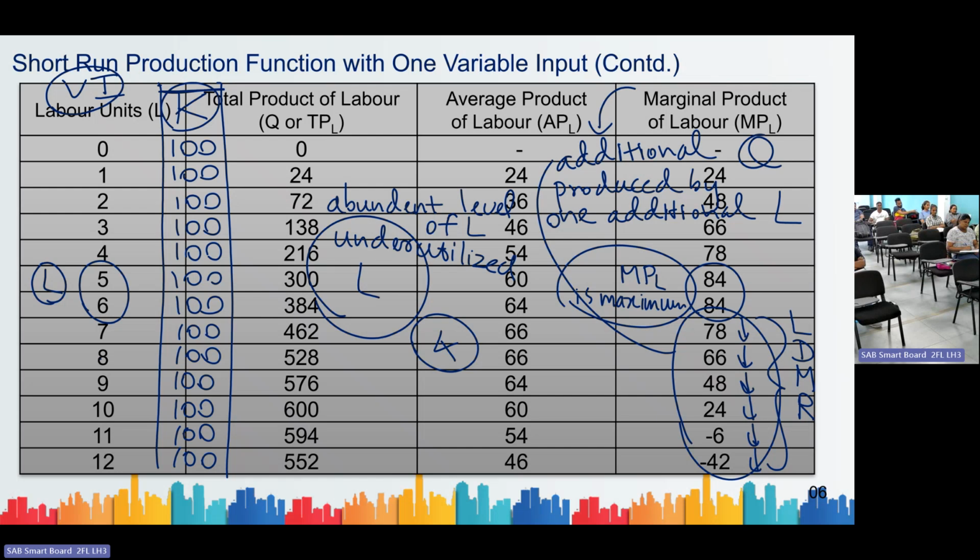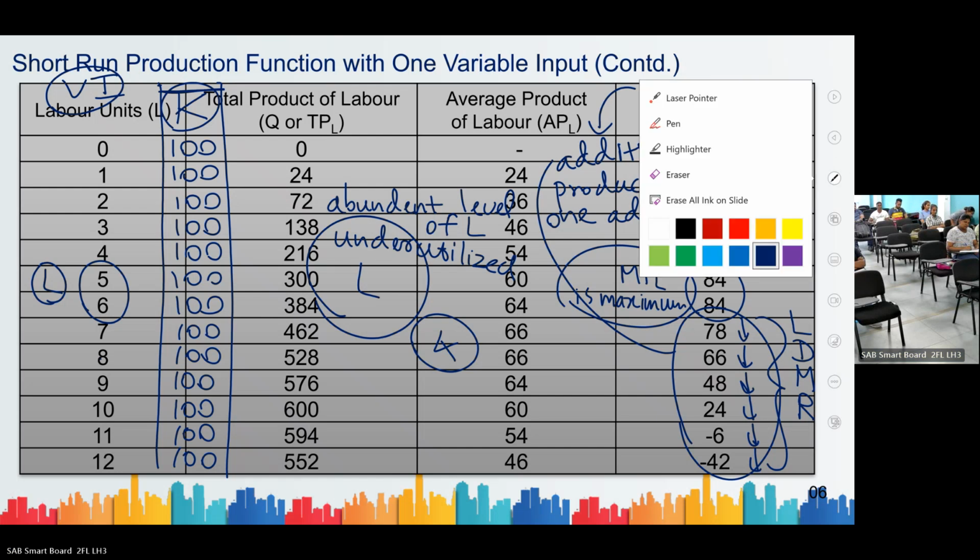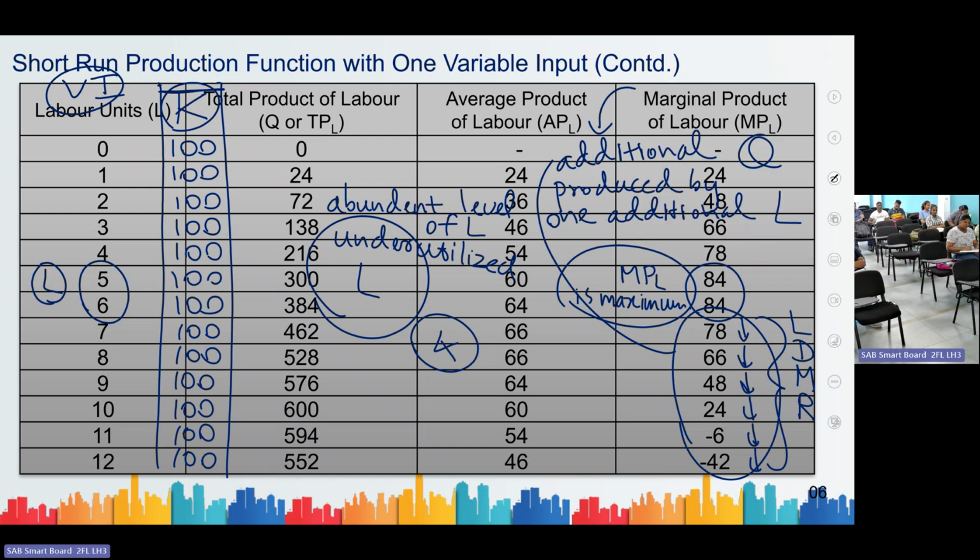Over this range, there is an excess of labor. That means comparatively, labor input is larger than capital. That is why MPL is declining over this range.